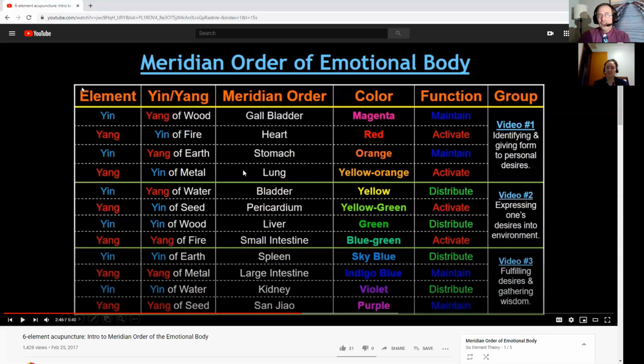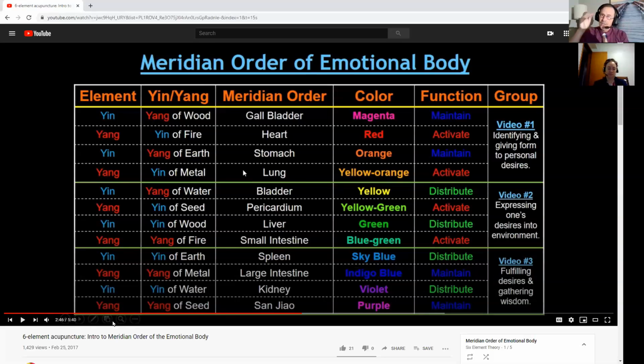But if you look over here in the element column, do you see how it goes yin yang, yin yang, yin yang, yin yang, yin yang, yin yang? Yes. So it's definitely going around the six element model: wood, fire, earth, metal, water, seed. And so everything matches up just perfectly.